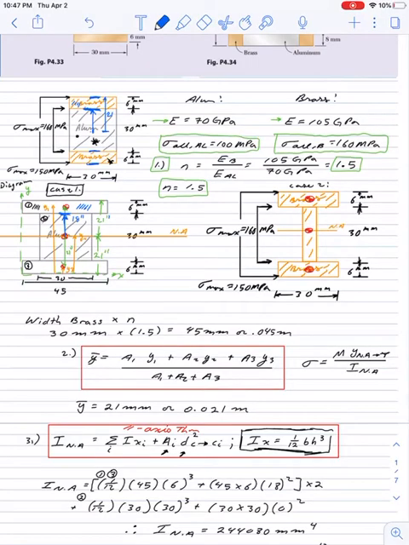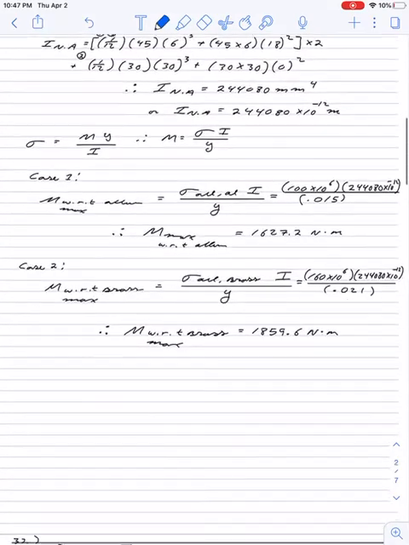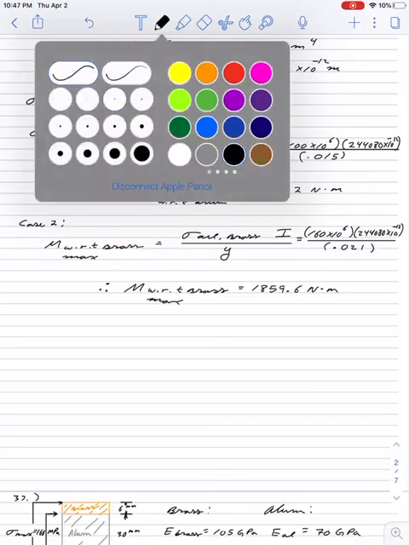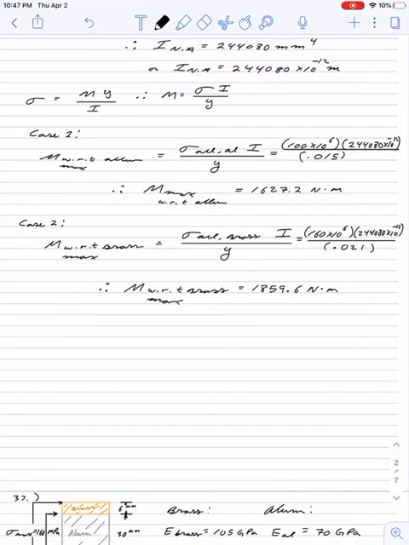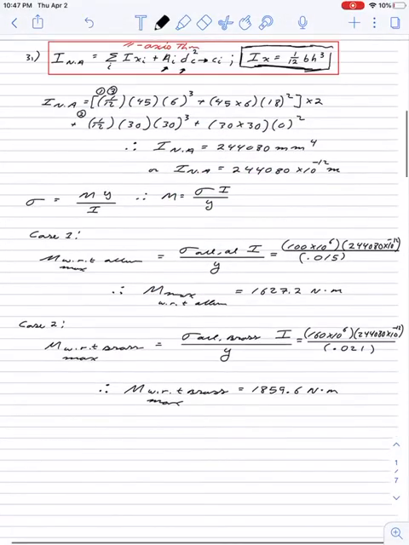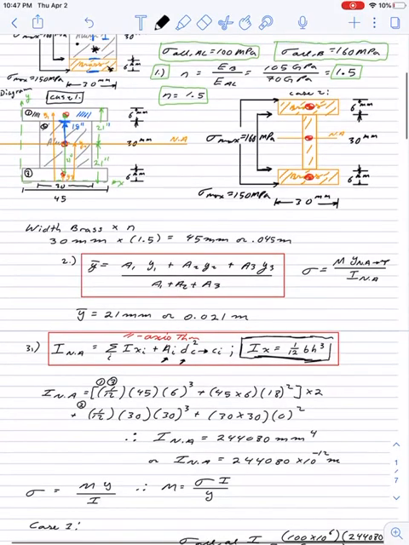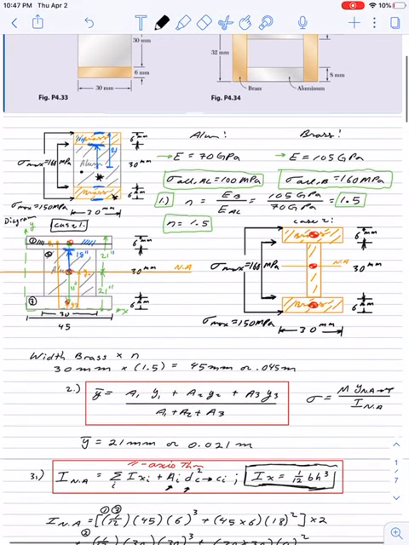Well, the brass is 1.5 times smaller than the aluminum. And if you think about it, this moment right here is newtons per meter. And if we go up, is not the length of this aluminum longer than the length of the brass?